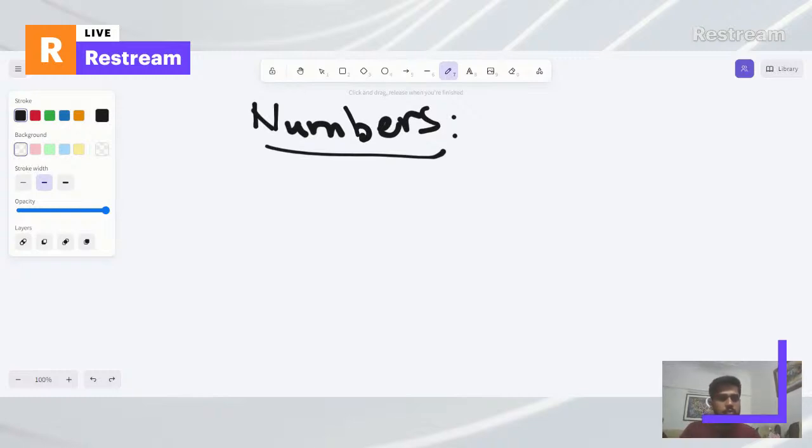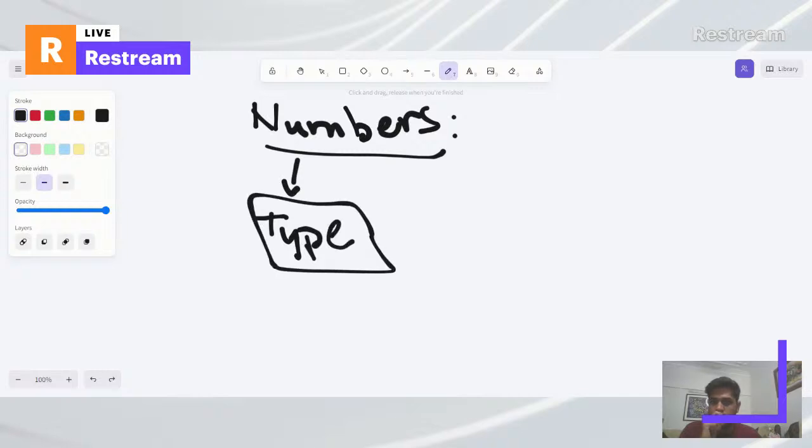Okay. So now what we studied last time, I'm just gonna give you a brief overview. We studied different types of numbers, right? We studied what prime numbers are, what rational numbers are, what irrational numbers are.